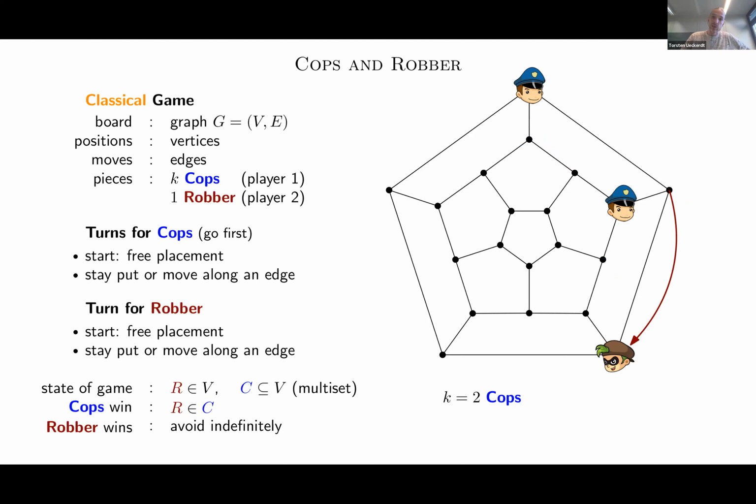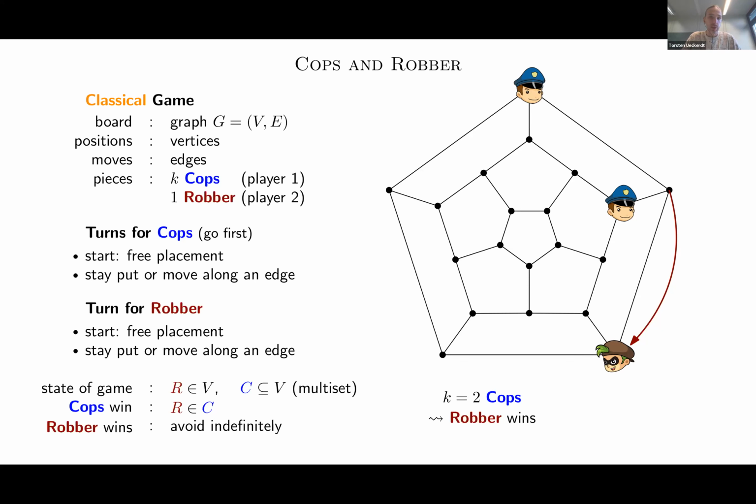Actually, this has not been a proof so far, but you can show that on this graph, no matter how the cops try, if the robber is clever enough, he can always evade. He can avoid being captured indefinitely. So this graph is a robber win graph. And as usual with these combinatorial games, when we have two players, we assume that both players play perfectly.